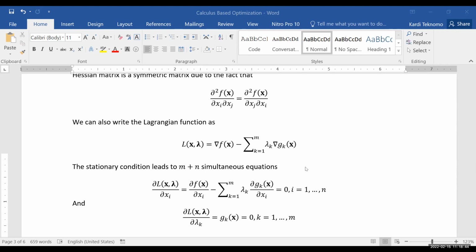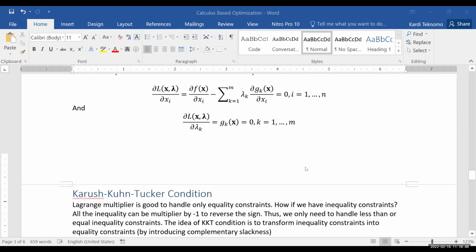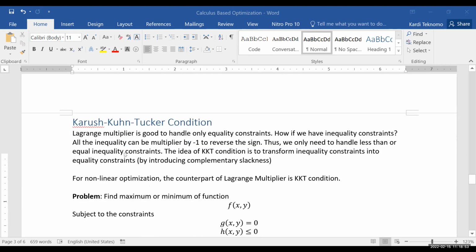So what happens if your GK is not equal to 0? I said here the Lagrange multiplier is good for equality constraints.